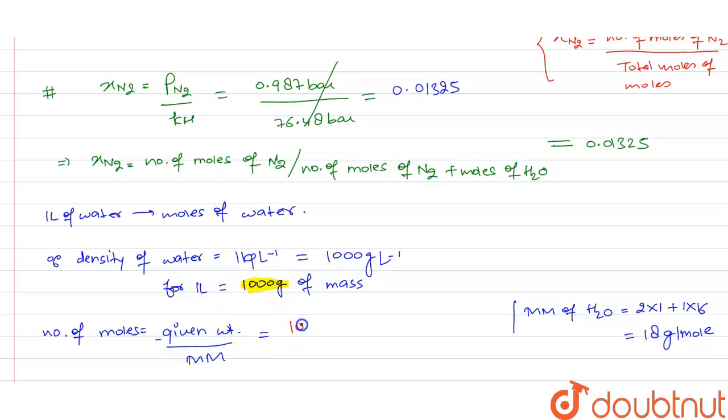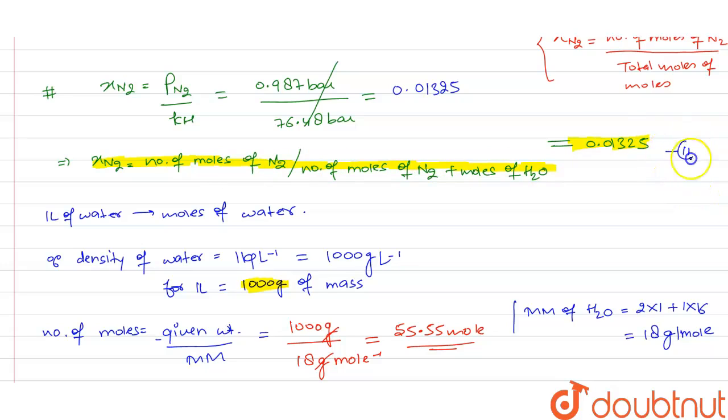So putting this value here, we get 1000 gram upon 18 gram per mole. Gram and gram got cancelled out and we got 55.55 mole of water.